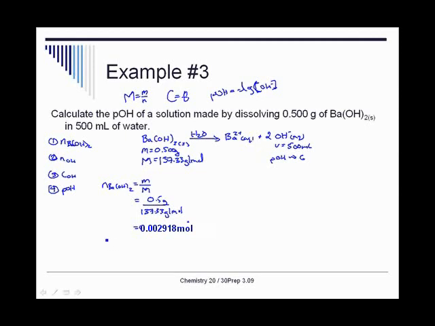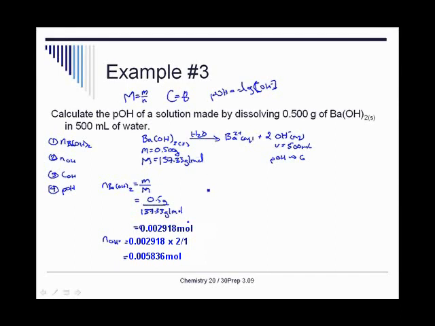We're going to take that and use our mole ratio to find the number of moles of hydroxide. 0.00364. This time our mole ratio is 2 to 1. For every 1 mole of barium hydroxide, we get 2 moles of hydroxide ions. So we actually have 0.00728 moles.